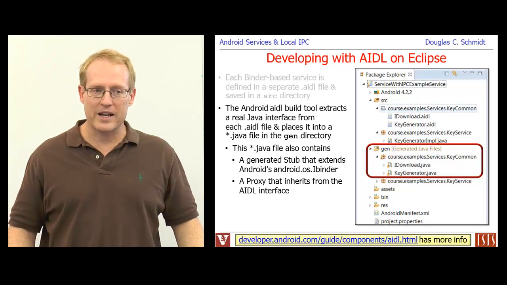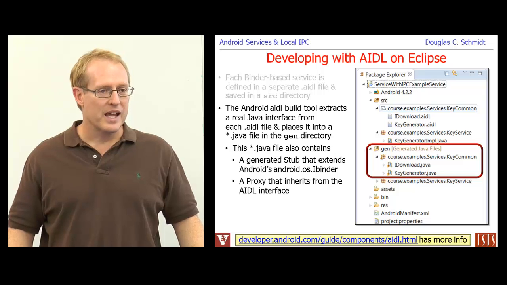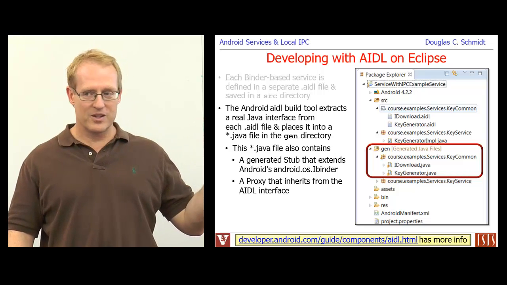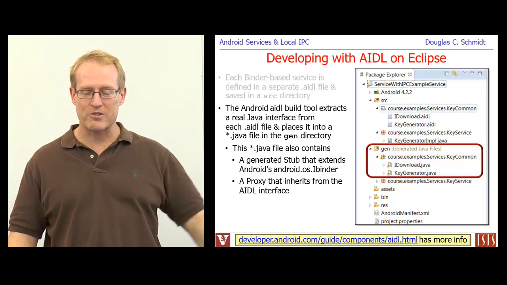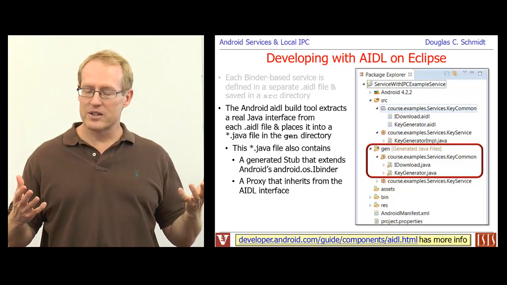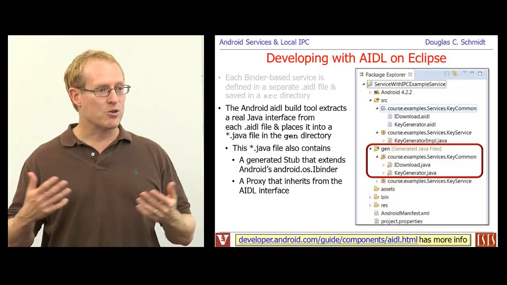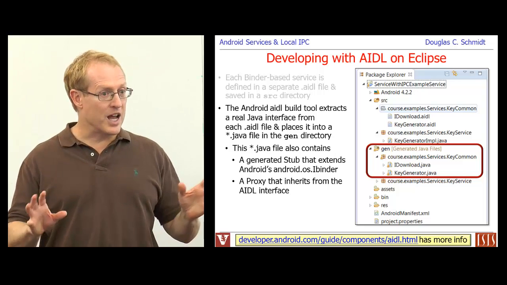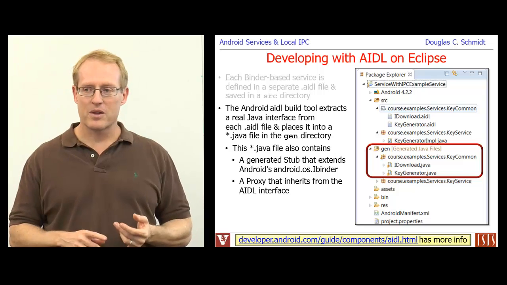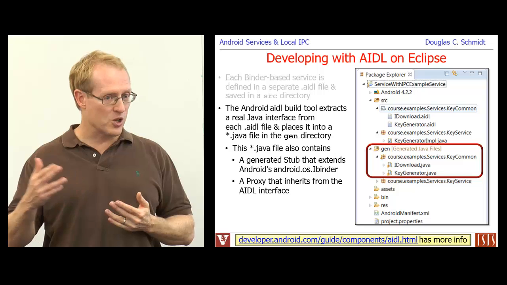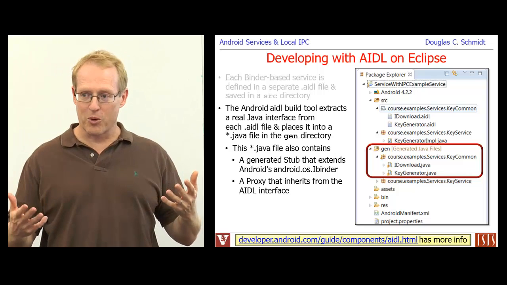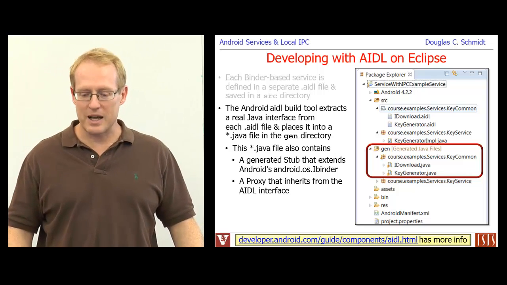If you take a quick look at the gen directory after you plop AIDL files into the source directory, you will discover that the AIDL compiler has run and created Java files on your behalf. The Java files contain a bunch of things, and we'll talk about them. One thing they contain is an actual Java interface that corresponds to your interface, and that's very important for what you're doing. Then they also contain a couple of other things as well.